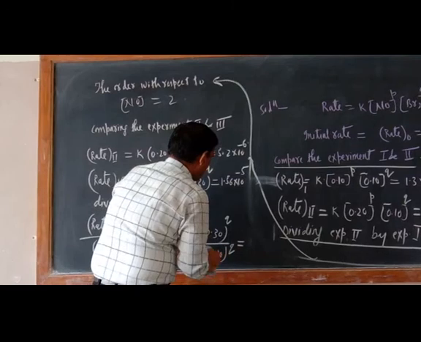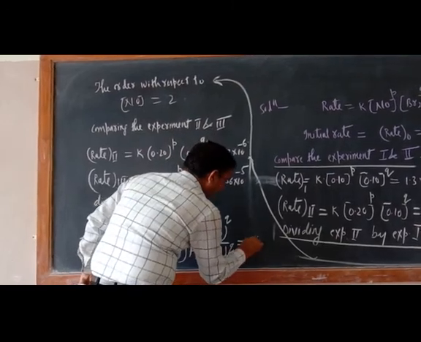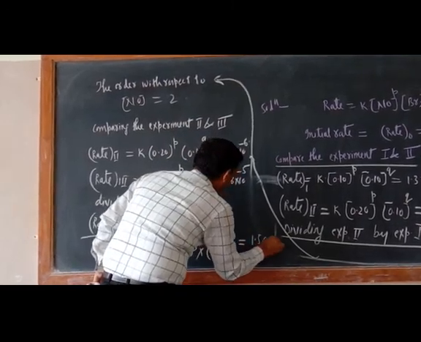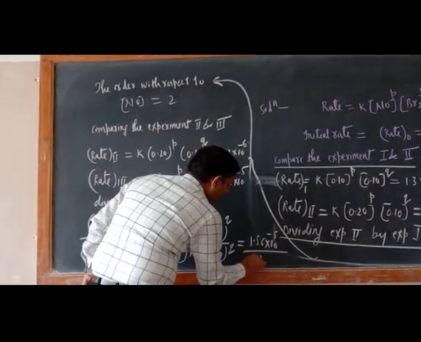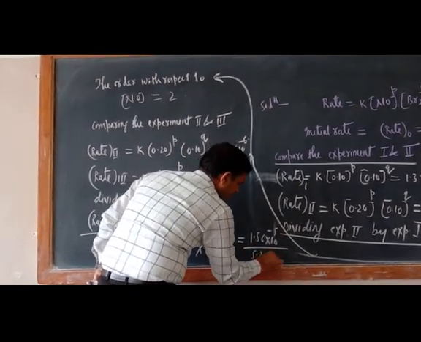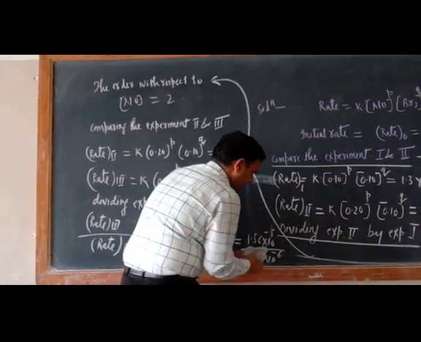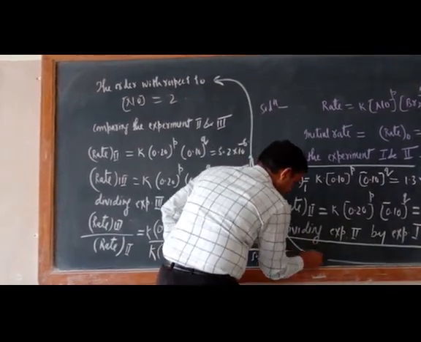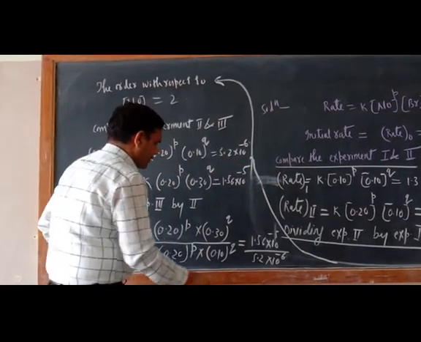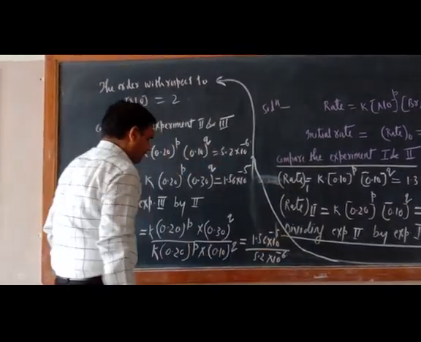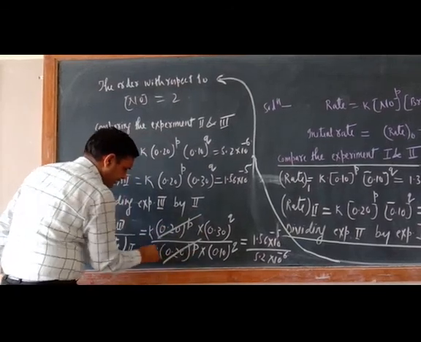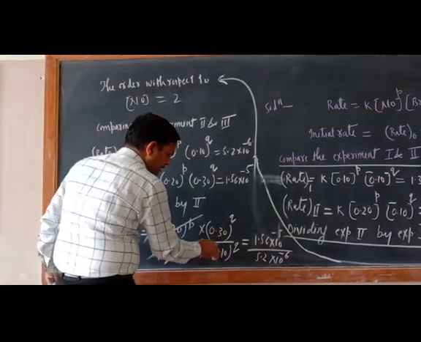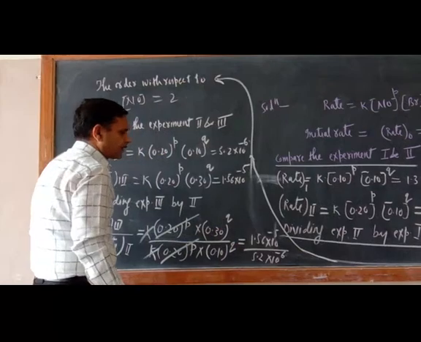That is equal to 1.56 into 10 raised to the power minus 5 divided by 5.2 into 10 raised to the power minus 6. So here further we can solve this. Just see, this will be cancelled out. Now this will be Q and Q will be left.